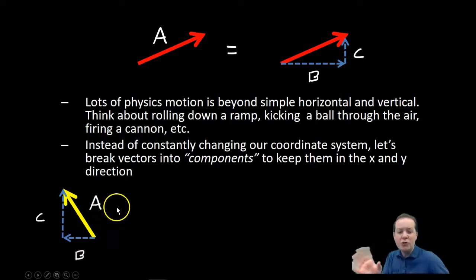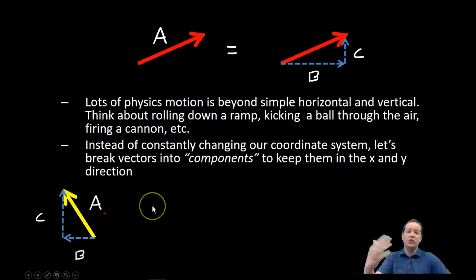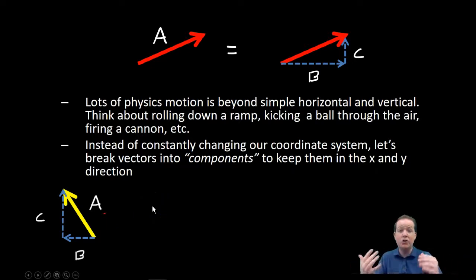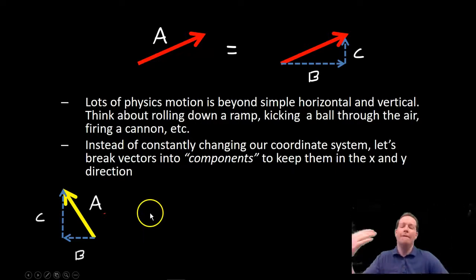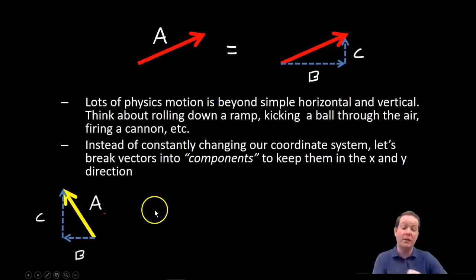Any diagonal that you draw on a 2D space can be represented by two perpendicular vectors, and they're equivalent. And that's nice because that means we can still use our vertical and horizontal ideas and equations for any type of motion, for any type of vector: displacement, velocity, or acceleration. We'll mostly be focusing on velocity, but any vector has this property.